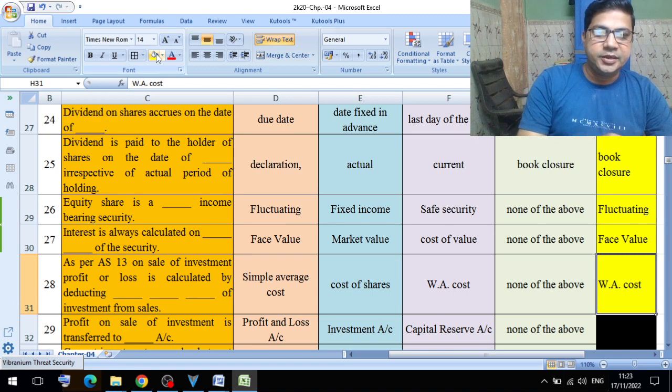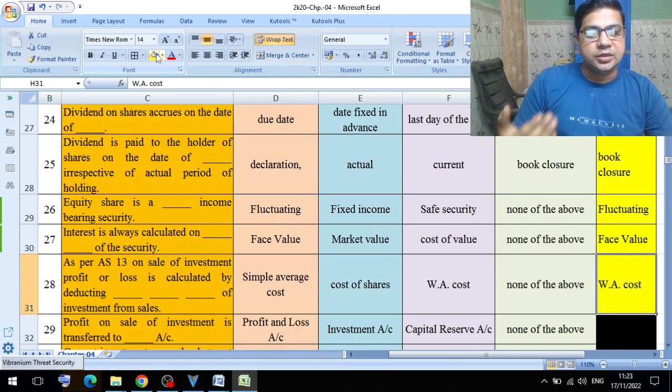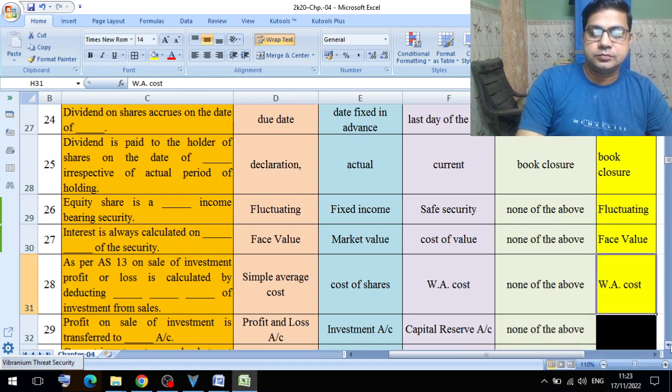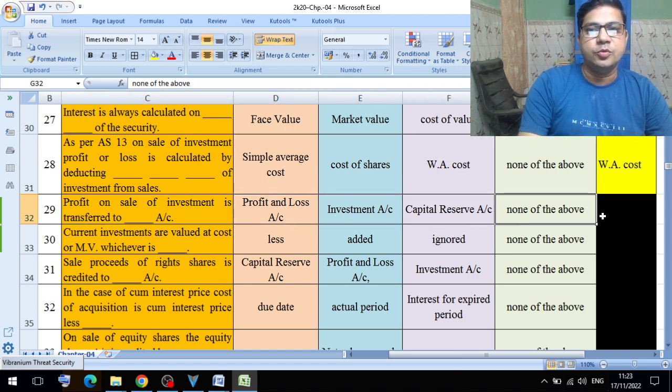Whenever we have to calculate profit or loss on sale of investments, we have to deduct the weighted average cost. Profit on sale of investment is transferred to dash account. Profit and loss account, investment account, capital reserve account, none of the above. The answer is profit and loss account.